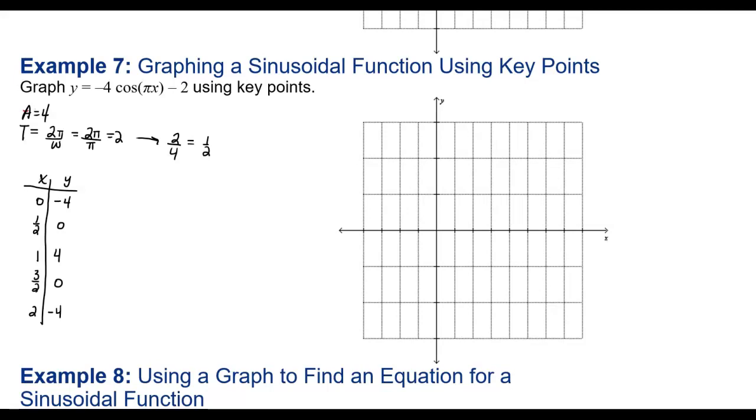But that does not take into account our vertical downward shift of -2. So we have to subtract 2 from each of these to get our actual y value. So this becomes -6, -2, +2, -2, -6.